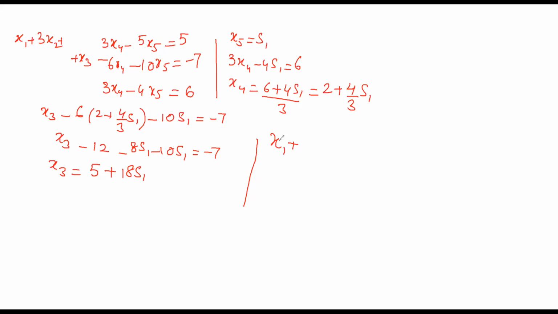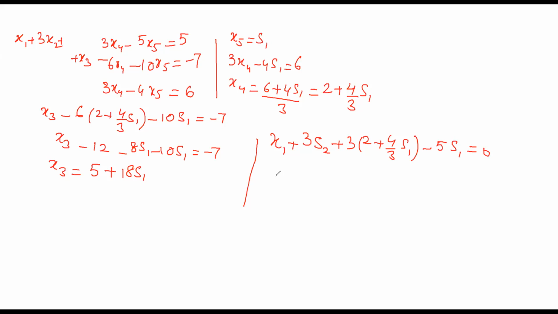So x1 plus 3 x2 we will assume equal to s2, any free parameter. And because there is no x3, we will put 3 into x4. X4 is 2 plus 4 by 3 s1, and minus 5 x5 is s1.